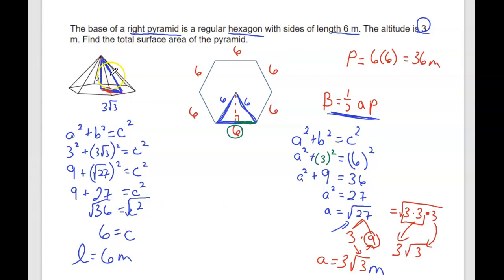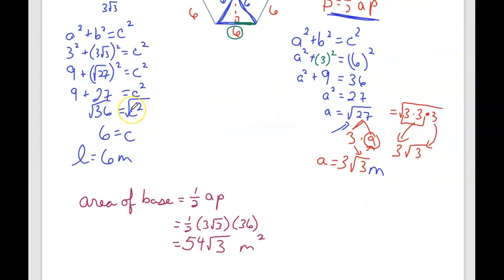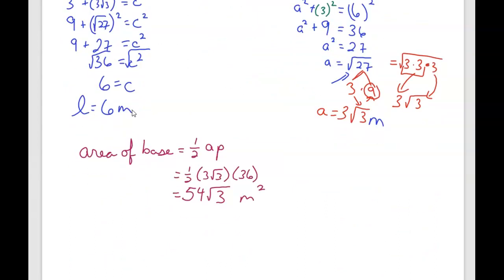The area of the pyramid sides, each side of the pyramid, for the sides, is equal to 1/2 the perimeter times the height of the slant.